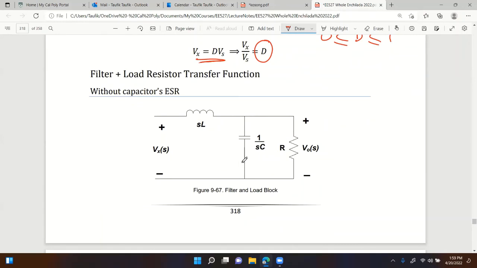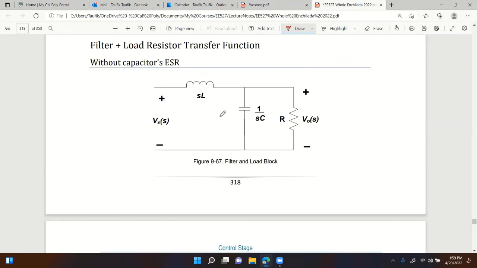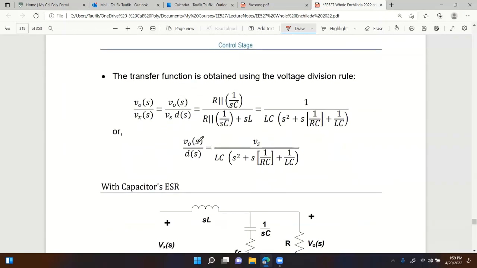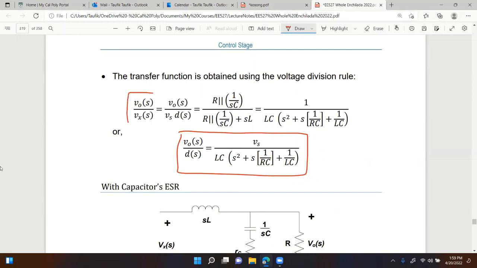And this filter doesn't have ESR. If that's the case, I can just do a voltage divider for the output voltage. I won't go through the derivation. If you do voltage division, then you get this right here. That's the transfer function. For the filter, it starts from Vout over Vx first, because the input to that block is Vx.